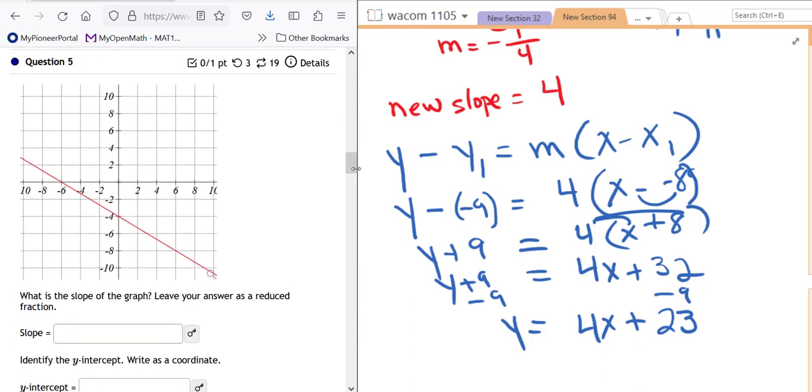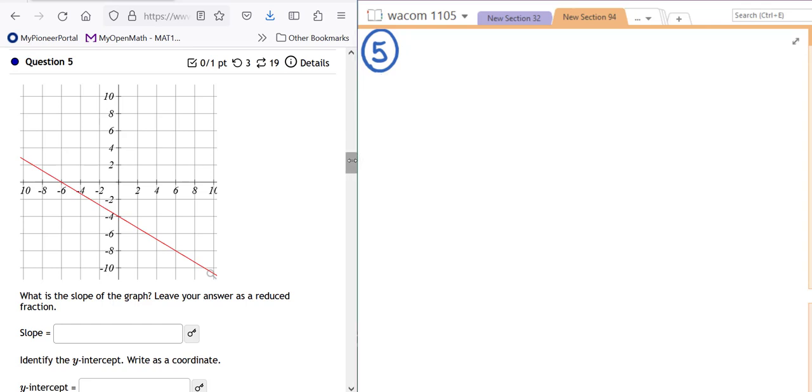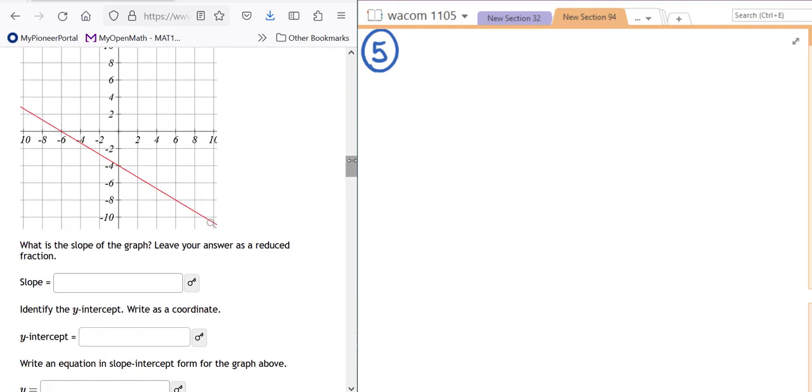Okay, this one is giving us a graph, and it's asking us what is the slope, what is the y-intercept, and to write the equation. So it's not really a standard kind of question.